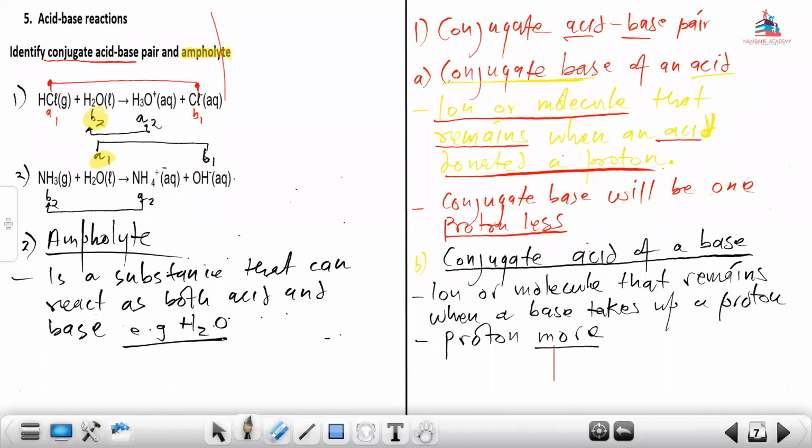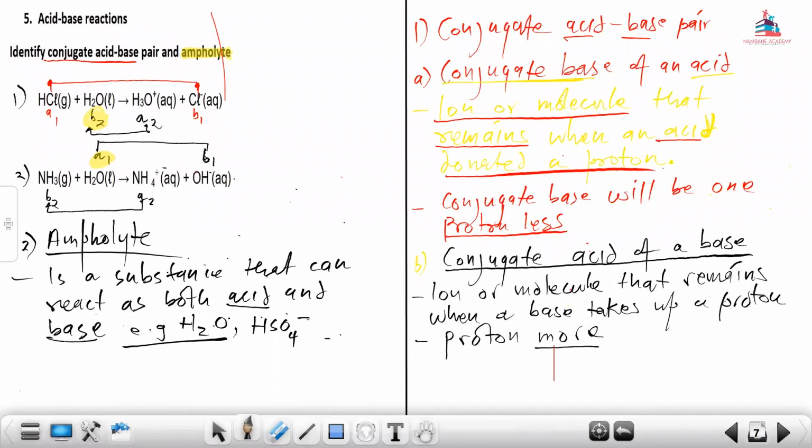The fact that H2O is an ampholyte, it reacted as a base and as an acid, does not quantify it all the time, because we now have substances like HSO4 minus.